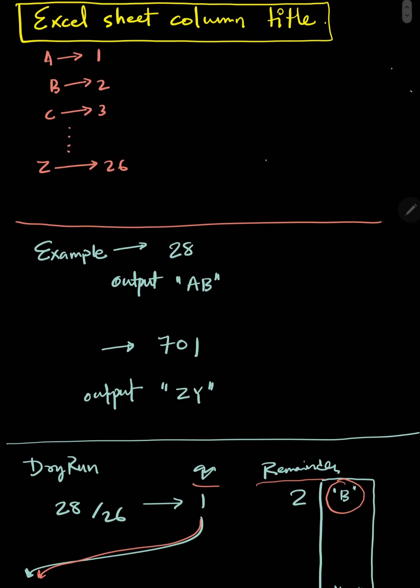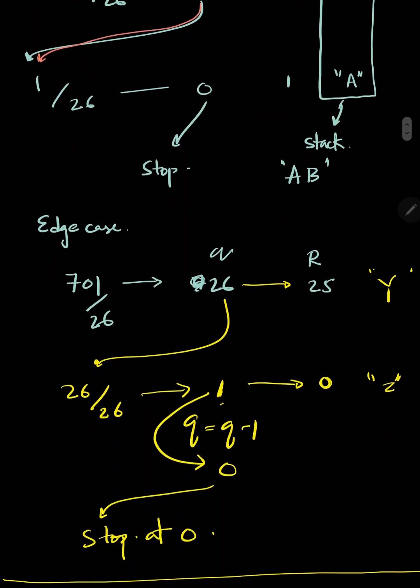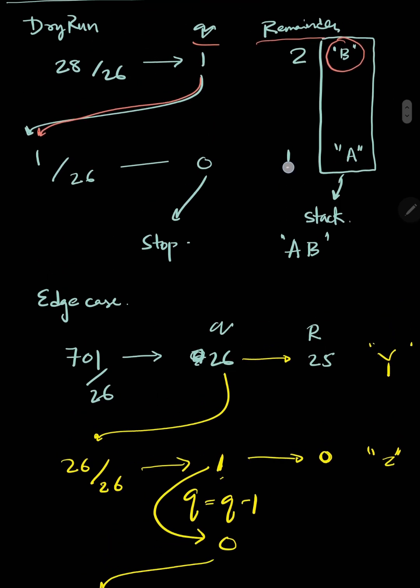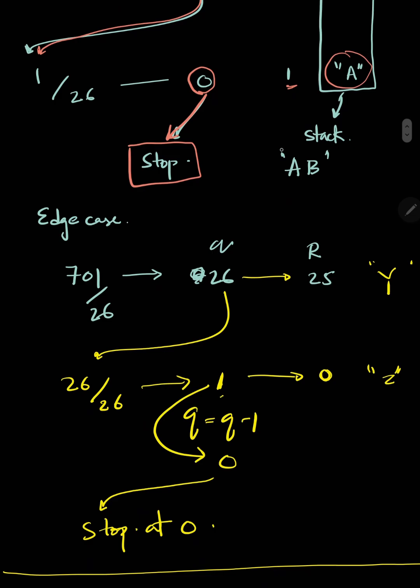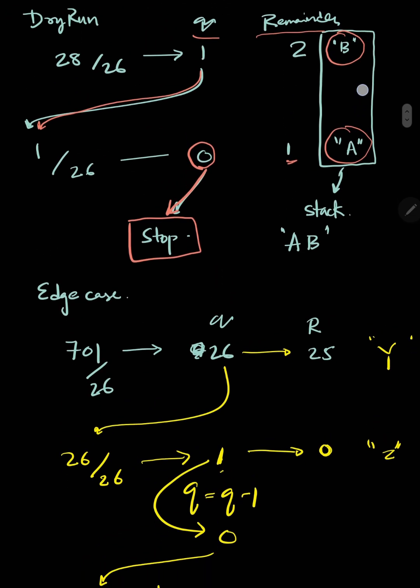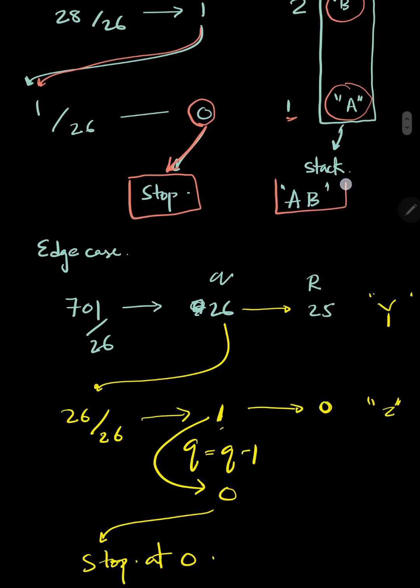What is 1 denoting? 1 is denoting A. As soon as we get 0 as the quotient, we have to stop. Now in the stack we have B, A. Just pop it and push it into the answer string. That will be equivalent to AB.